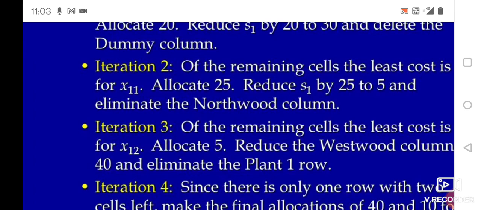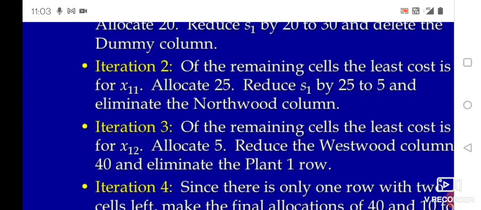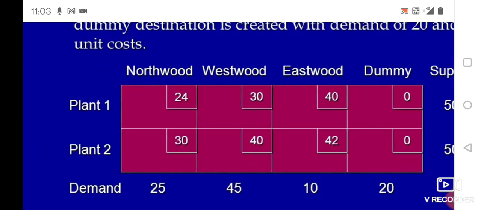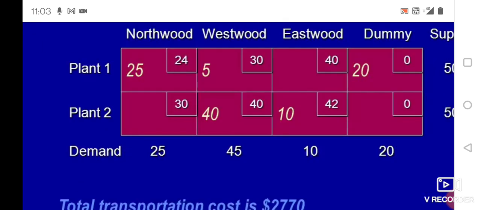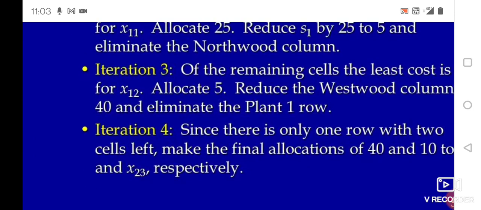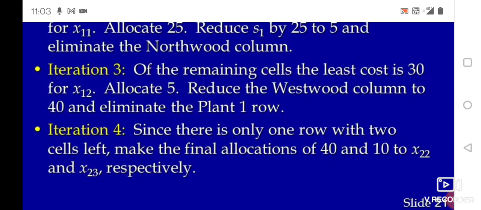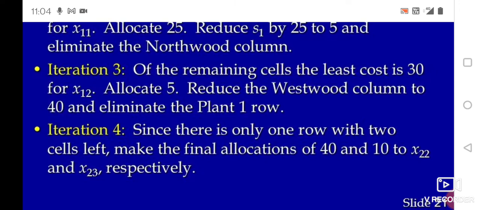And third, of the remaining cells the least cost is 30 for x12. Allocate 5, reduce the Westwood column to 40 and eliminate the first row.